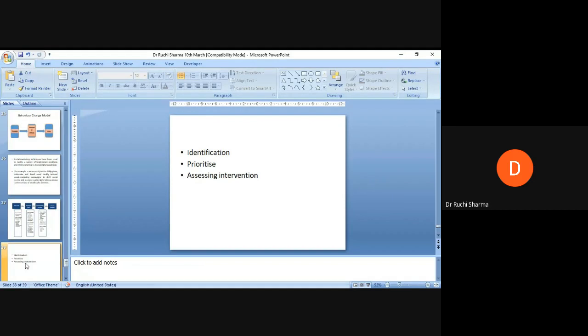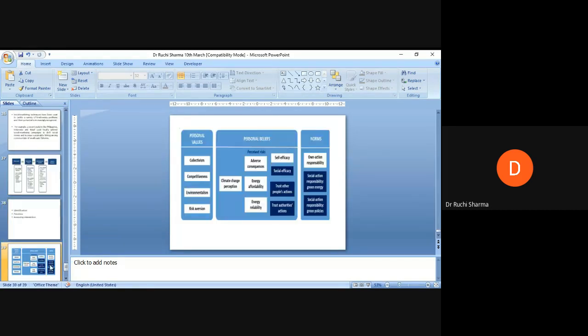We need to assess the interventions which will show some result, and after planning carefully and incorporating the intervention, we need to re-evaluate whether what we have done has brought any change towards the goal for which we planned those changes.